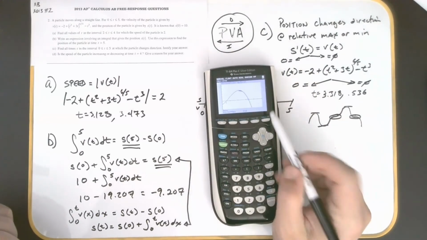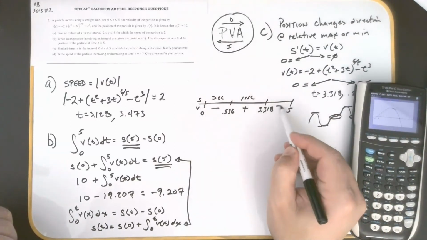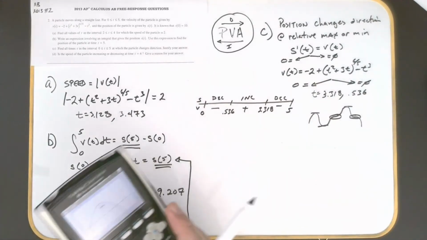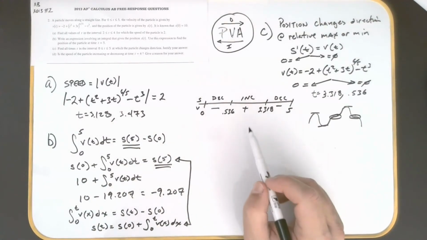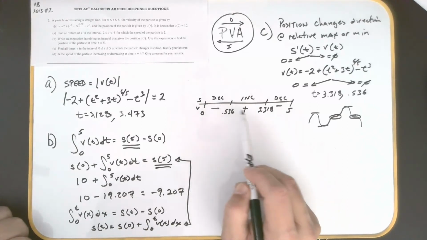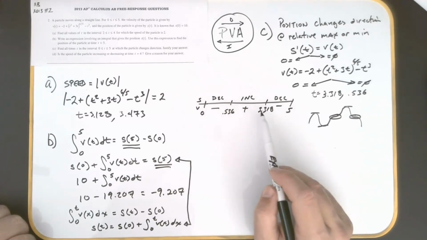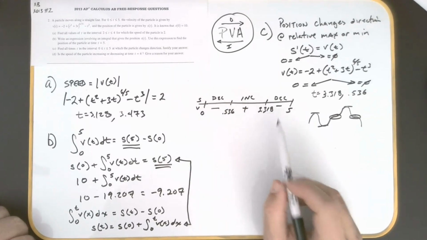And then back here one more time, you can see the function's below the x-axis, so the velocity is negative, so this is decreasing. So there you can see with confidence that, sure enough, it does actually change direction at these critical points. So the velocity goes from negative to positive at 0.536, and the velocity goes from positive to negative at 3.318.